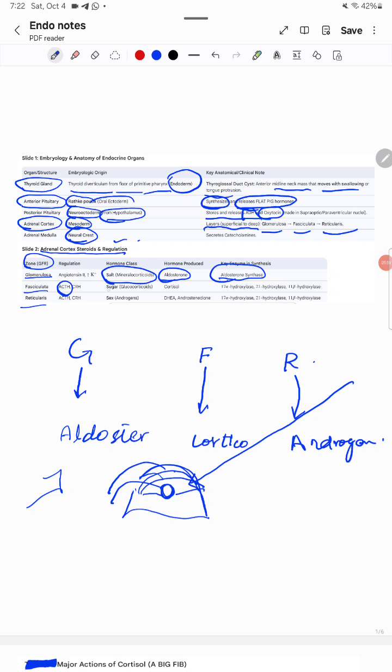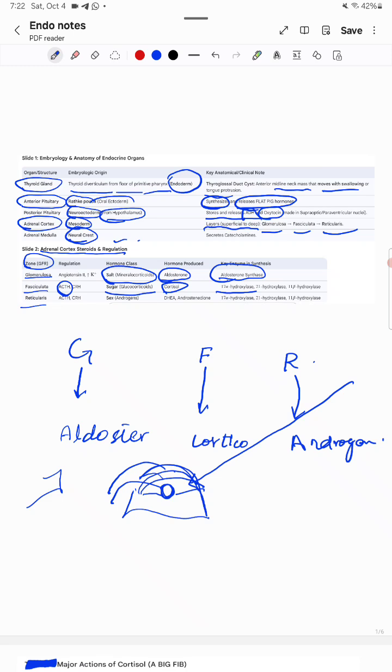So fasciculata secretes glucocorticoids, cortisol, and the enzymes involved are 17 alpha hydroxylase, 21 hydroxylase, 11 beta hydroxylase. So all these are responsible for the production of cortisol. Okay, these are developing from steroids.